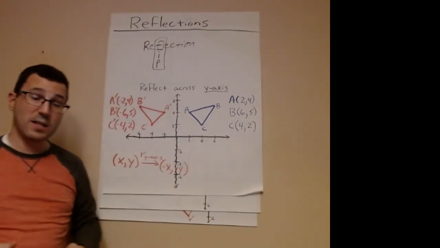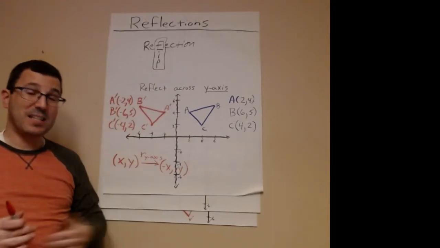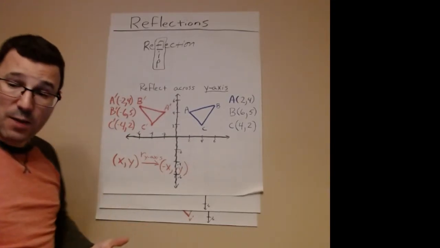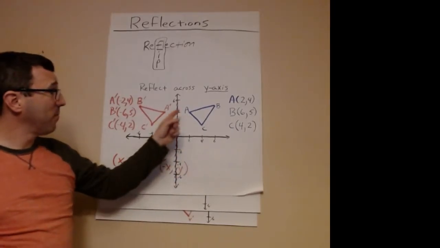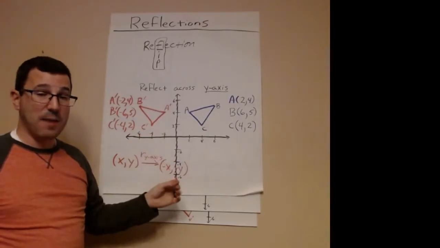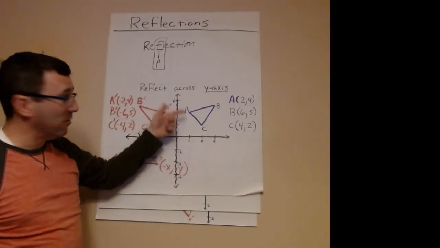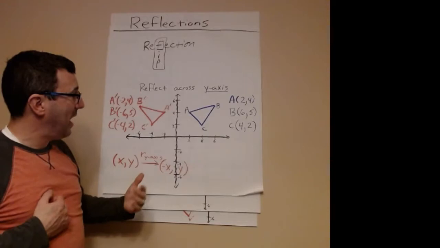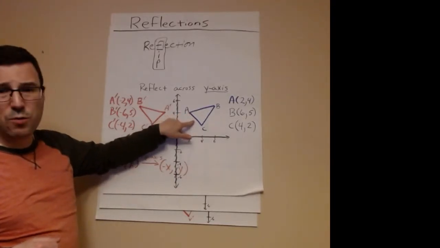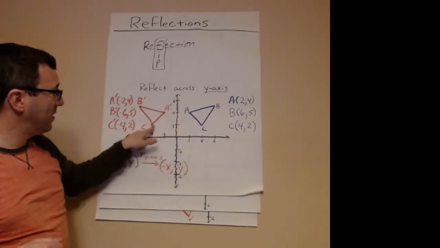So the y is going to stay the same, but the x is going to change its sign. Okay? And when we look at this, again, the lengths of each of these sides is still the same. They're all at an angle, so it's a little tough to tell how long they are. This is 2 square root 2. All right? This is 2 square root of 2.